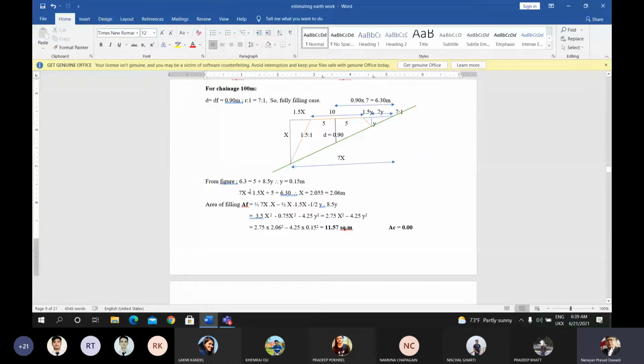This will be 7x equals 1.5x plus 5 plus 6.3. You will get x equal to 2.06 meter.